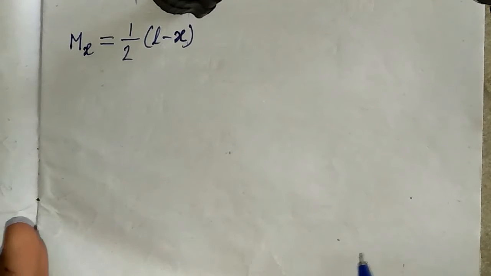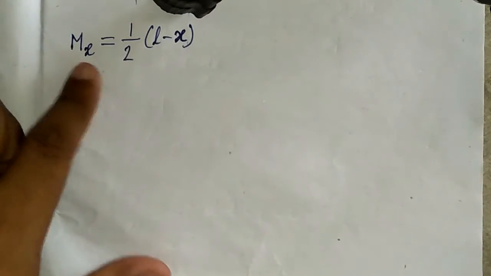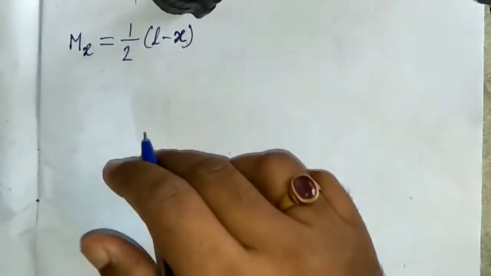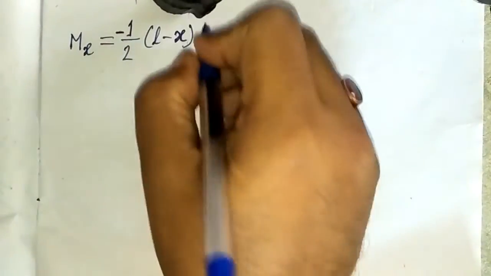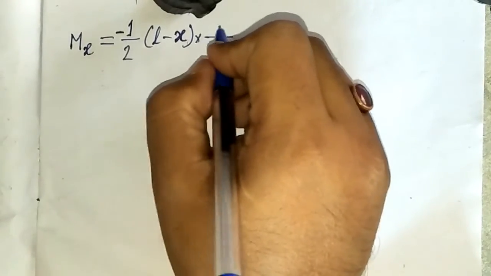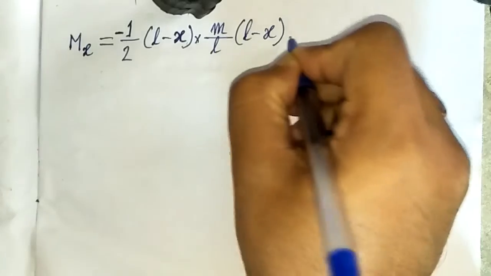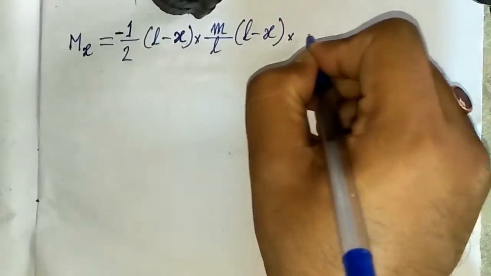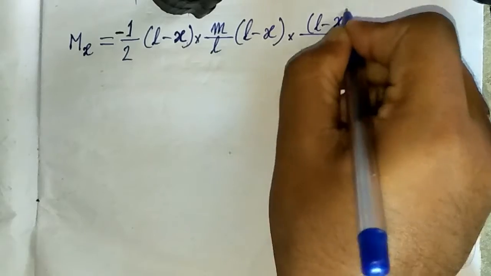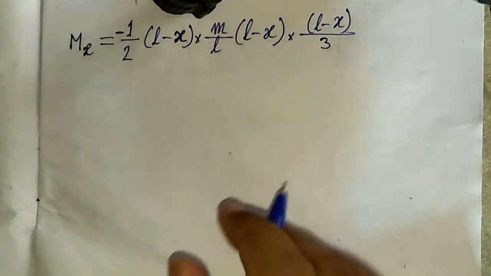So M_x equals minus half of (L minus x) into the intensity of load at section XX, that is M by L into (L minus x), into (L minus x) by 3, because this is the center of gravity distance of that triangle.